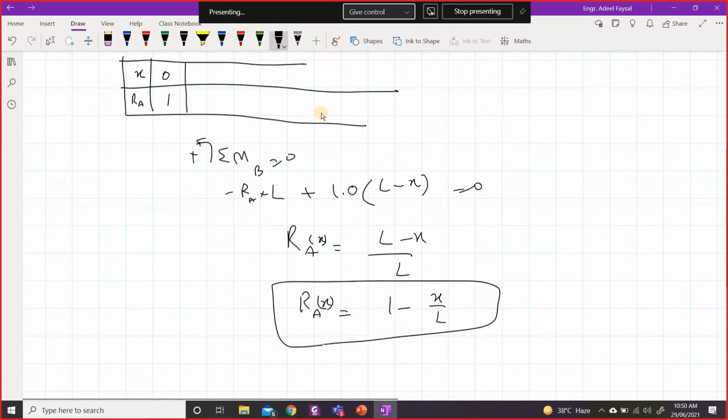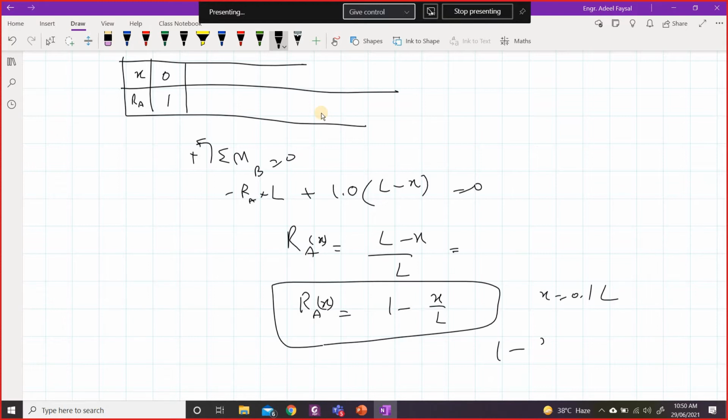Okay, and then when you change X to, for example, maybe you can write it down in a different way to make it a little easier. Or maybe you can say when X is equal to 0.1 L, then it is 1 minus 0.1 equal to 0.9.